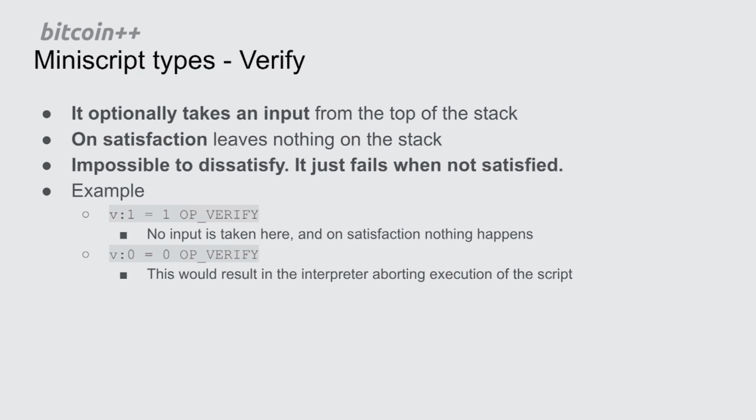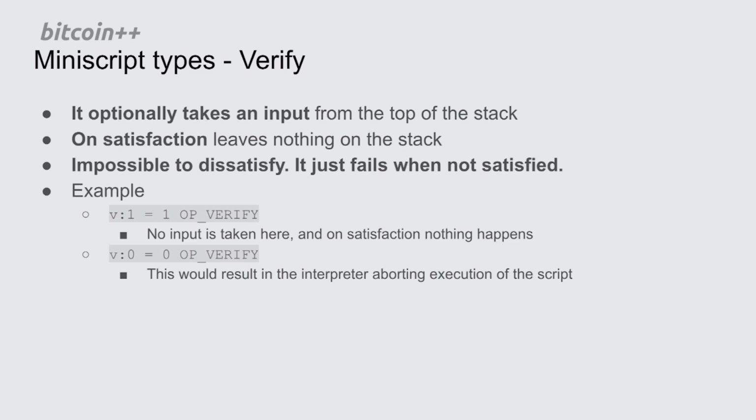And then you have something called wrapped. Wrapped takes an input from one beneath the top of the stack, never the top, for reasons. On satisfaction, it leaves a non-zero value one beneath the top of the stack, and on dissatisfaction, it leaves a 0 one beneath the top of the stack. An example is two alt stack.